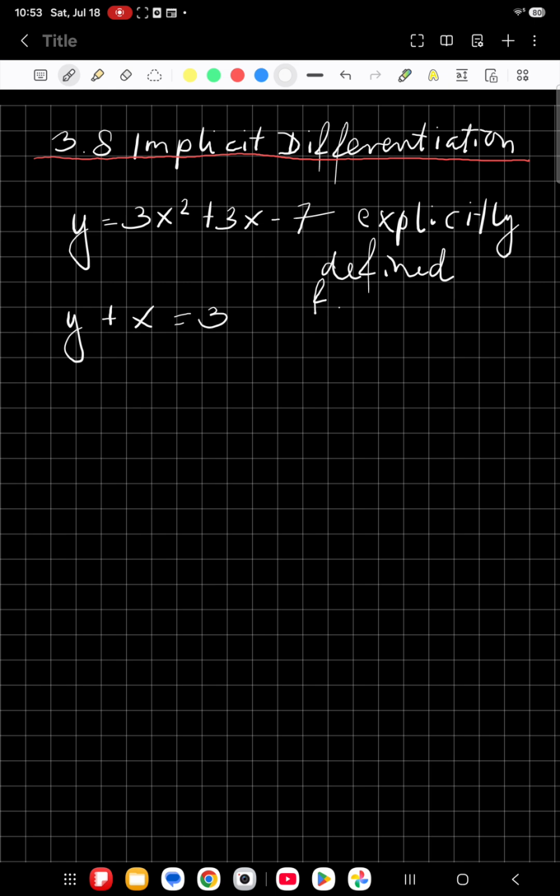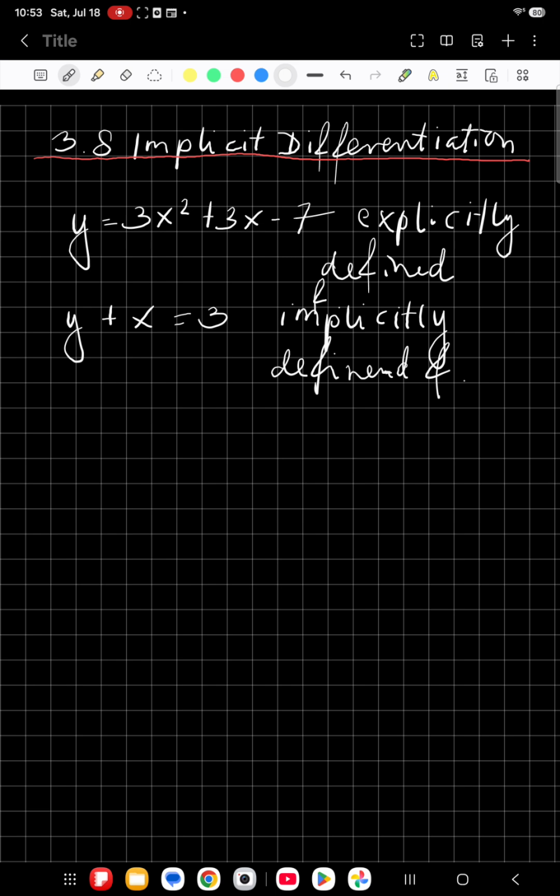So this one is an implicitly defined function. And you see that it'll be very easy to change it to explicit.